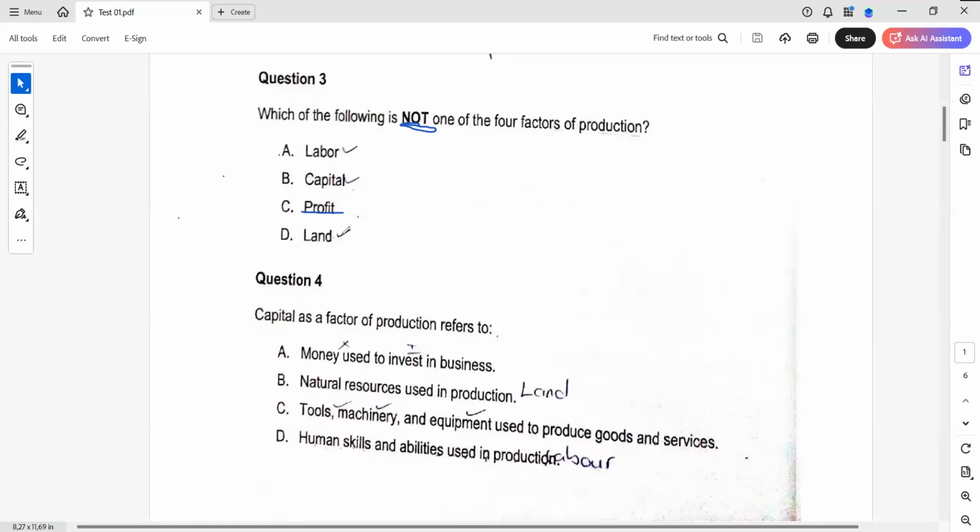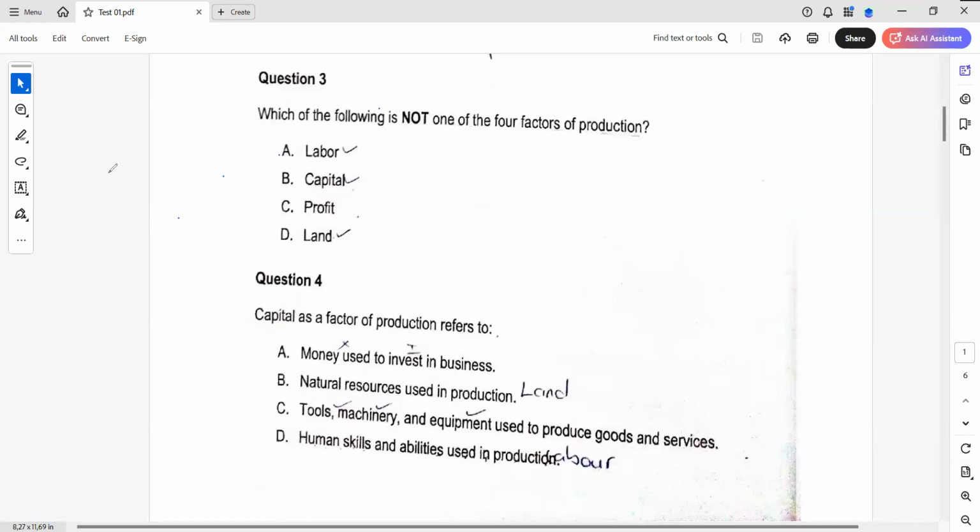For land, they get rent. For entrepreneurship, they get a profit. So this is not a factor of production, but a source of income, which is the remuneration which an entrepreneur gets, right? So let's continue.